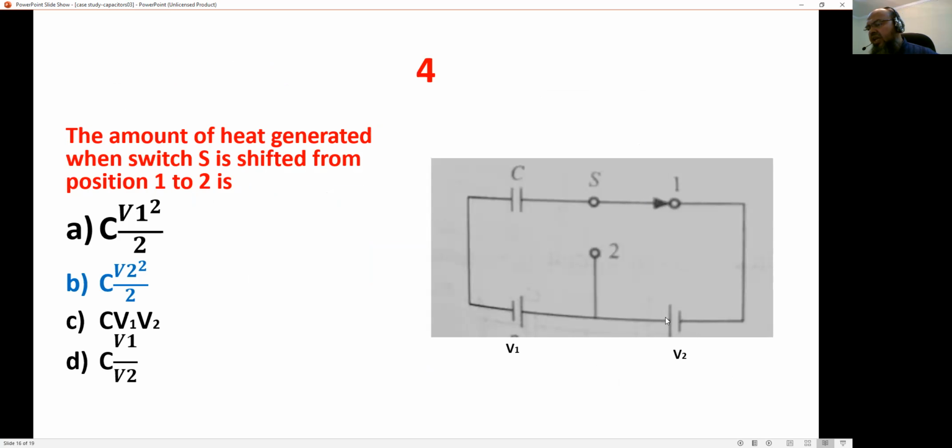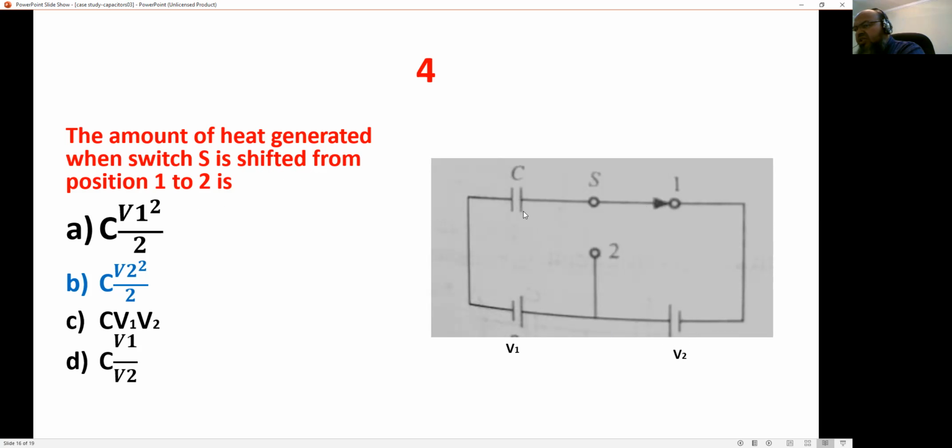It means that net potential difference applied by these two will be V1 minus V2 or V2 minus V1, whichever is greater. So V1 minus V2 is connected to C. Now after that they are saying it is shifted from 1 to 2. So when it will be shifted from 1 to 2, you see that source V2 will be out and only V1 will be there. And then now this V1 will be charging the capacitor C.